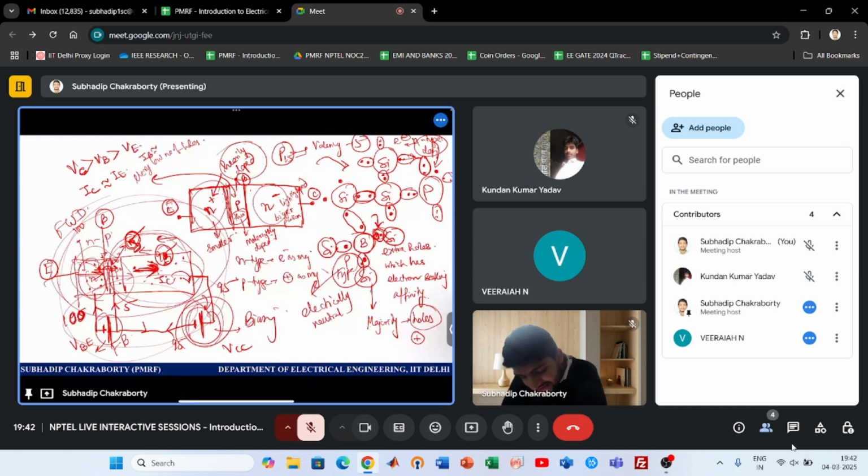And the IB, which is the base current, as you can understand, the base is very lightly doped, and why does the base current happen? Because of the recombination of the electrons trying to enter from N to P and then trying to go from P to N into the collector. So a small recombination happens, and that is again supplied by the battery. So that small amount of current is the base current, which is actually forming the link from one junction to another junction. It is a linking part, the base part.